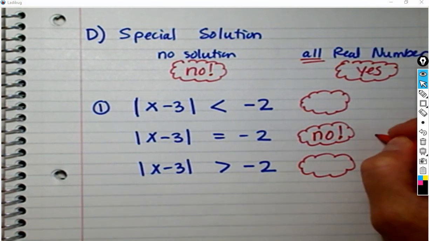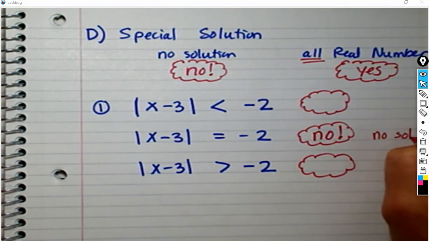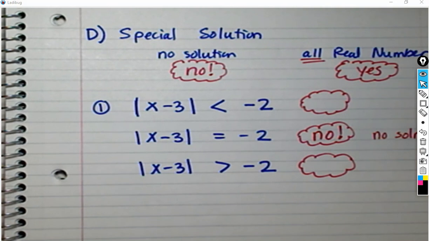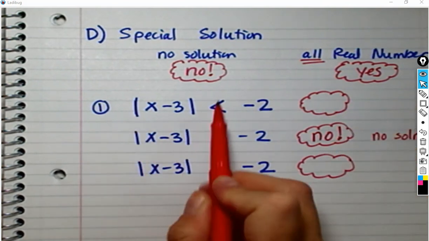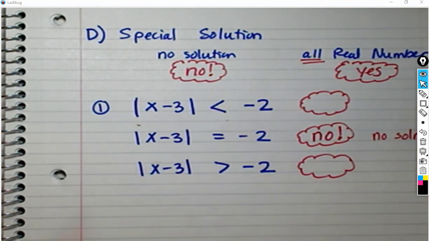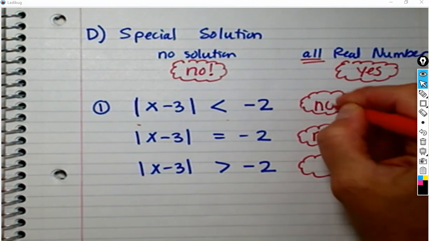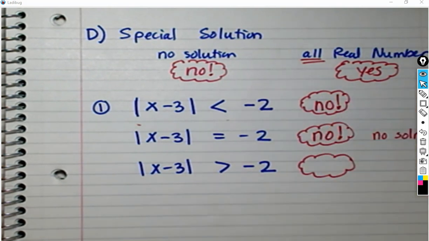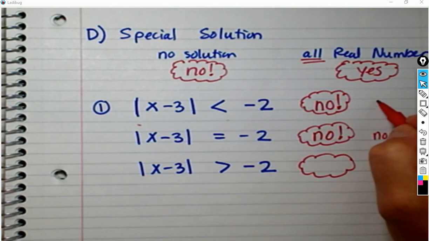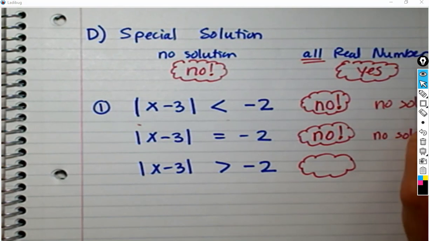So this is the no solution. Yes, Lucas? Would the first one be no? Yeah, can absolute value have less than a negative outcome? That's why thinking's so important, because it eliminates some of the work. So this is no solution.